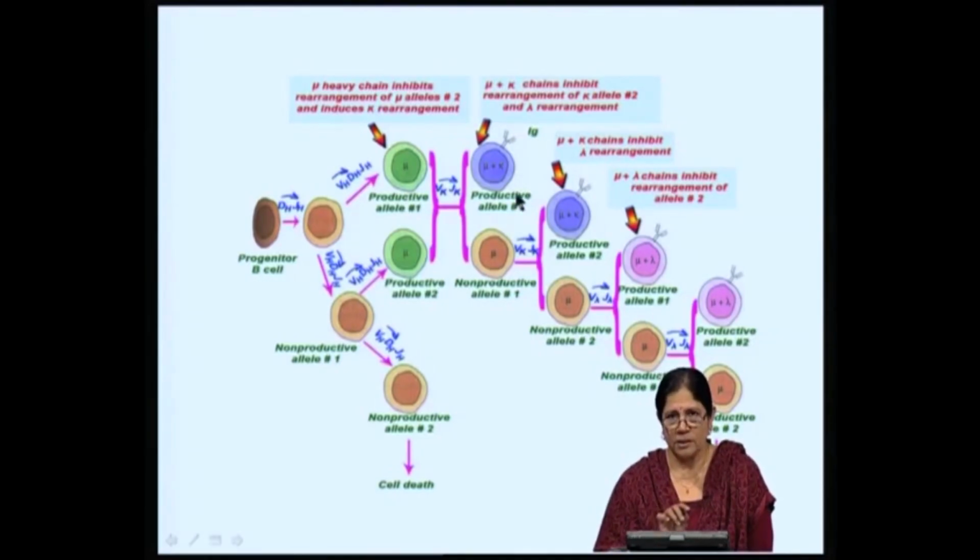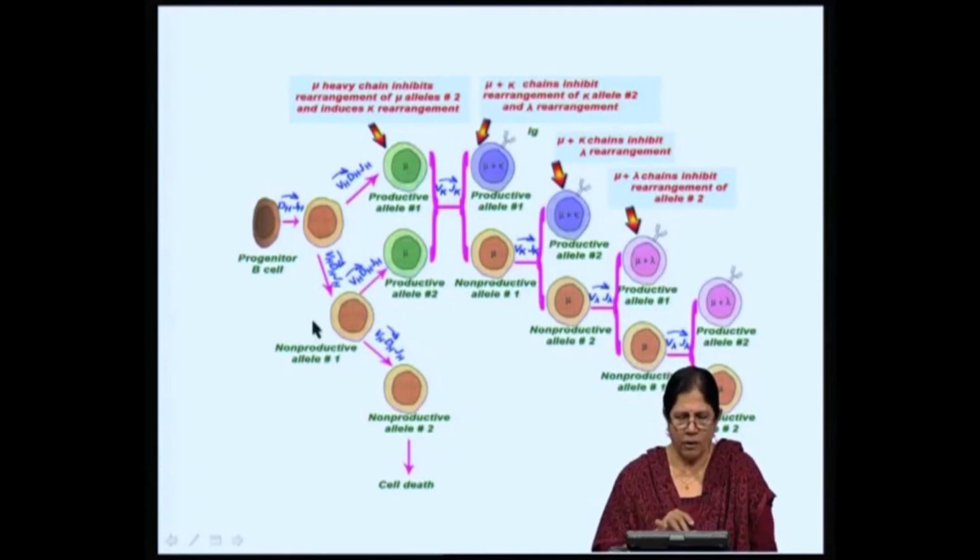Now, always recombination in the light chain gene starts with the kappa light chain gene assembly, allele 1, and if there is a non-productive allele 1, then allele 2. If both the alleles of the kappa light chain genes fail to reorganize themselves, then allele 1 of the lambda light chain is recruited, and if that does not happen, then allele 2.